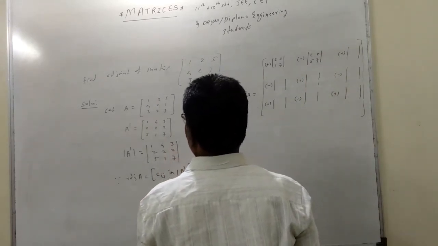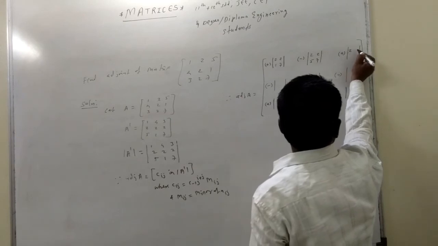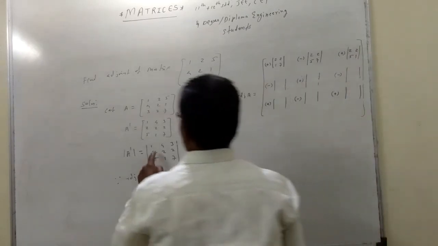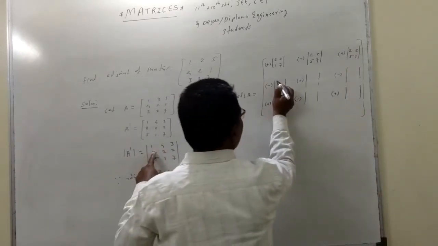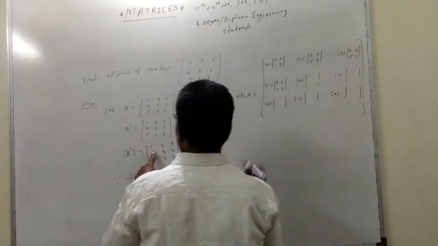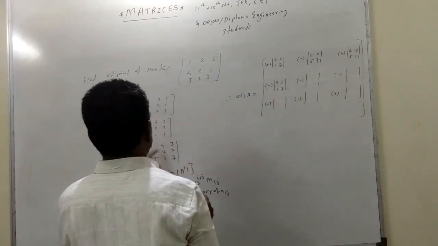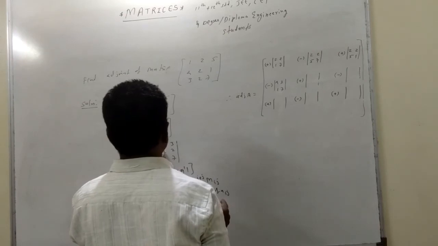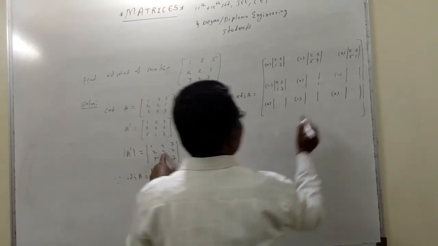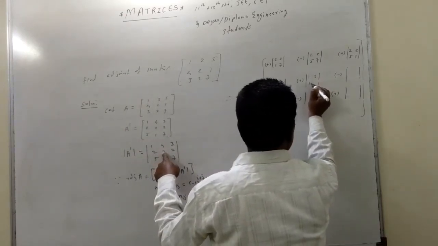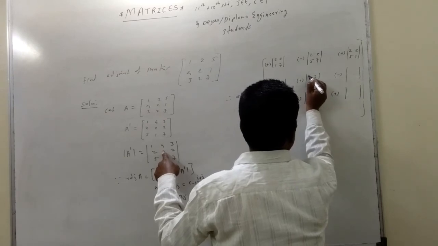Now for 3, consider 2, 2, 5, 1. Now for this 2, it is 4, 3, 1, 7. Now for this element, second row, second column, the remaining elements are 1, 3, 5, 7.